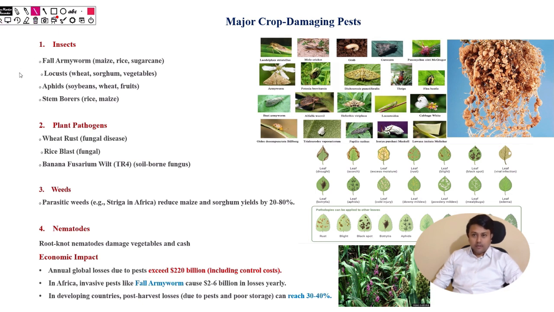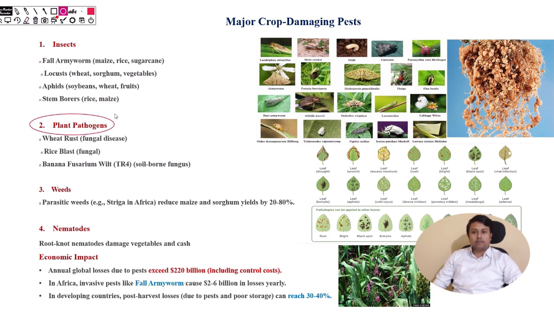Among the insects, the major pests are the recently outbreaking fall armyworm, locusts, aphids, and stem borers. In these figures, you can see some of the insects which are causing heavy losses on crops.